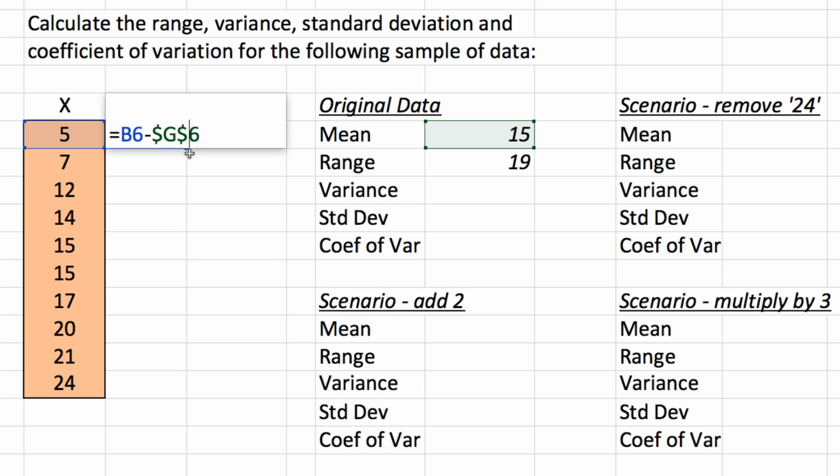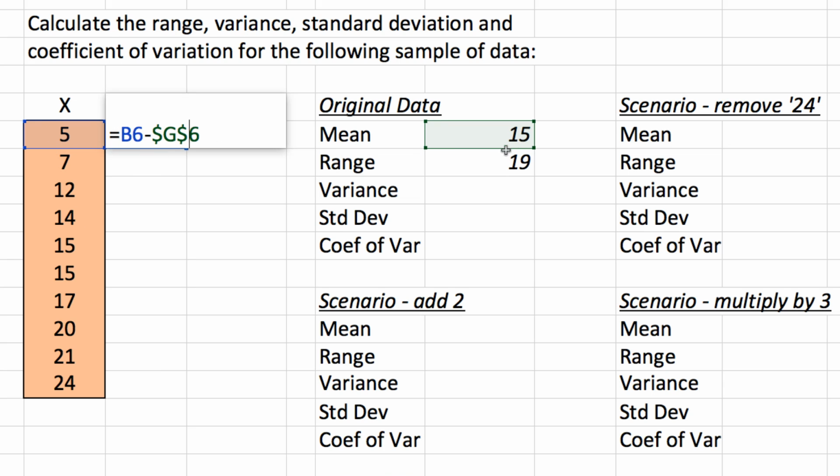This is just an Excel pointer, by the way. If you're doing this by hand, you don't need to worry about this, but I'm about to drag this formula down, and I'm going to want this B6 reference to drag down with me, so that B6 will go to B7, B8, B9, etc.